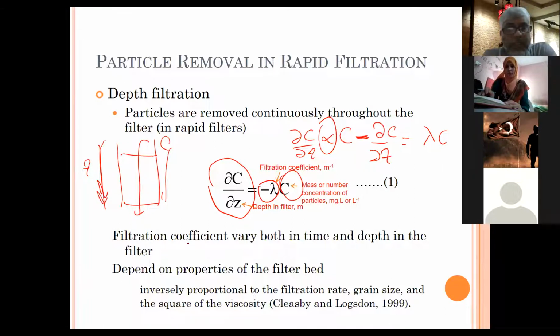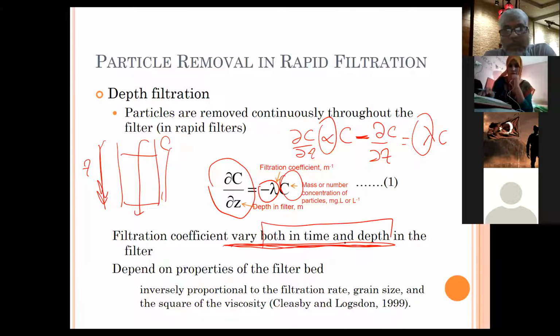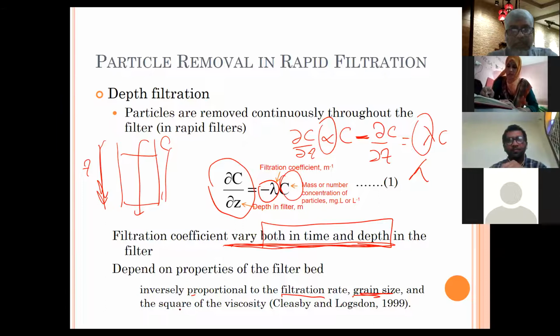But this filtration coefficient, lambda, is a function of both time and depth. The value of lambda is not constant. It changes with time and depth, and it also depends on filtration rate, grain size, and viscosity.